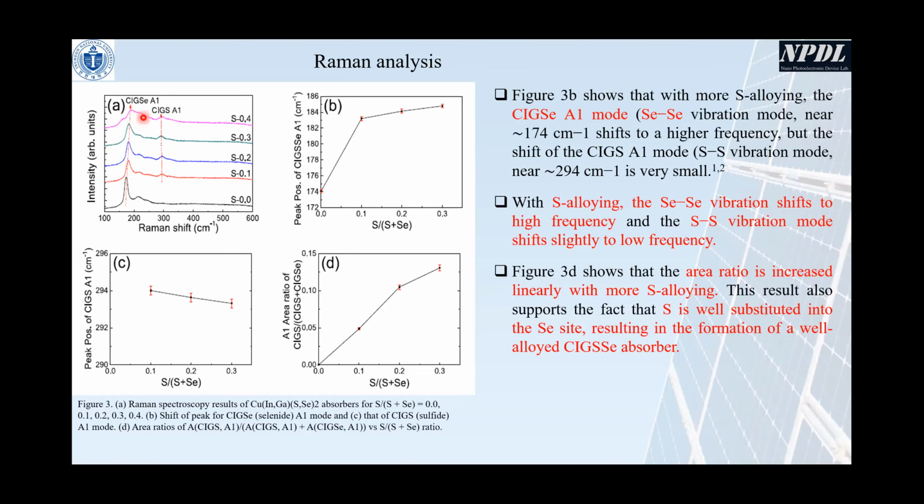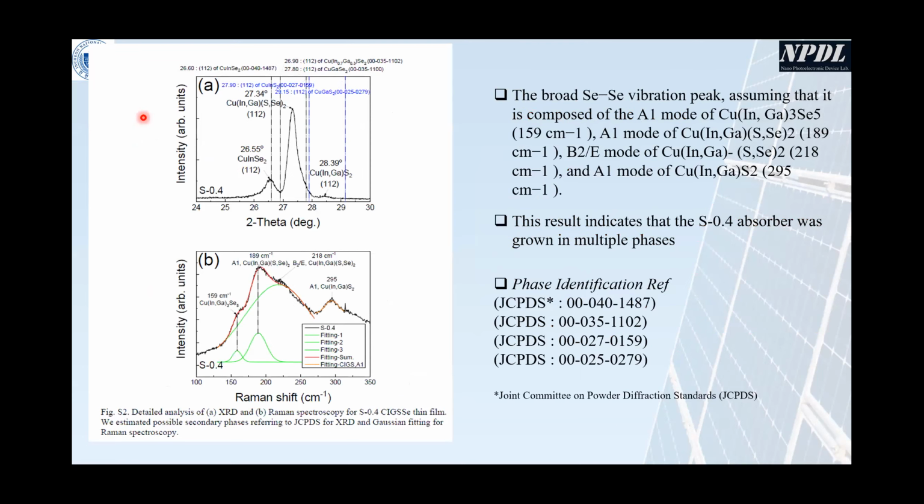In this spectrum there are copper indium gallium selenium phases at 159, 189, 200, 218, and 295. So it is a combination of too many secondary phases. If there are too many secondary phases, that means the crystal quality is not good.